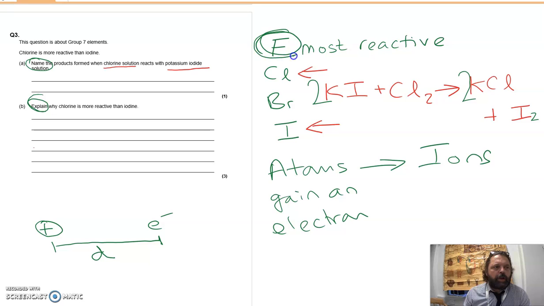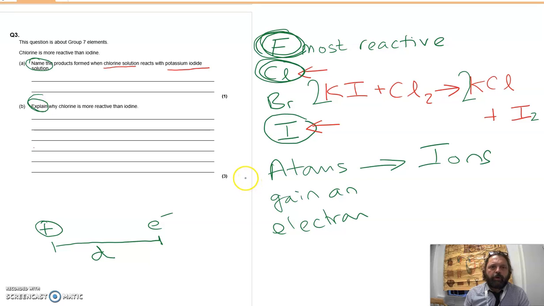So for the smaller fluorine or the smaller chlorine, they will be the most reactive, fluorine the most, then chlorine, compared to a bigger atom for iodine, because the force pulling an extra electron into the outer shell is stronger, and that's because the atom is smaller, so the outer shell is closer to the positive nucleus, which is making that attraction. So the top of group 7, non-metals, is the most reactive.